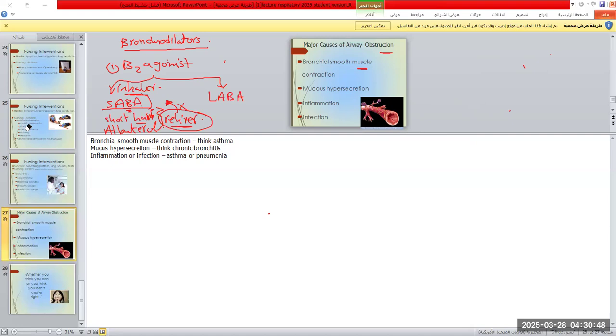It's given as an inhaler. The patient can take it in emergency cases or acute asthma, because its half-life is just 30 to 60 minutes.